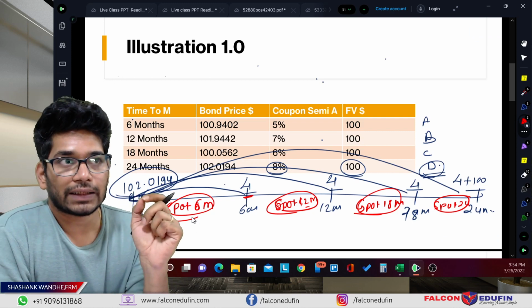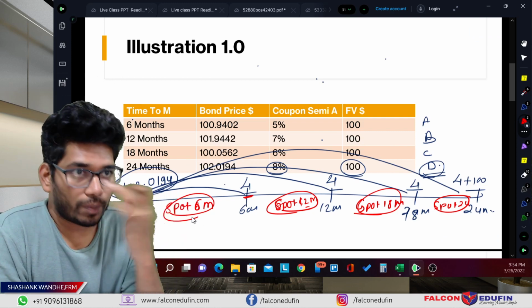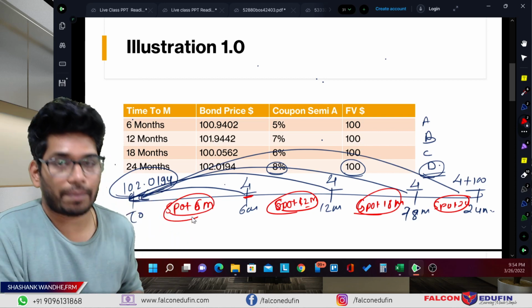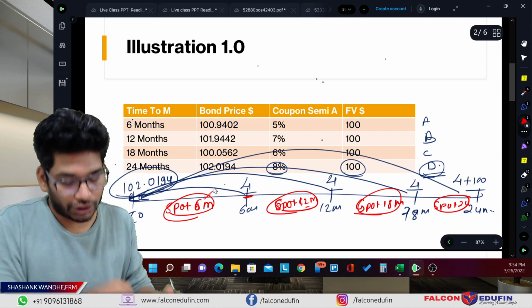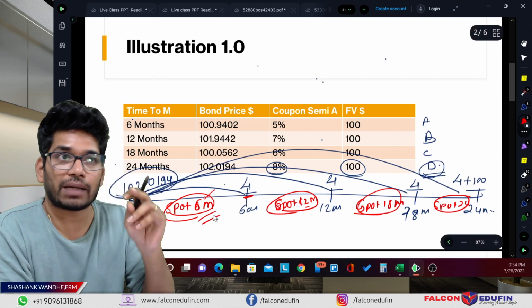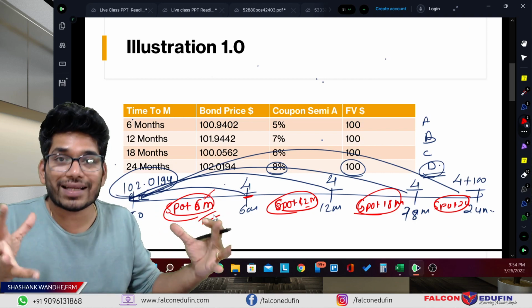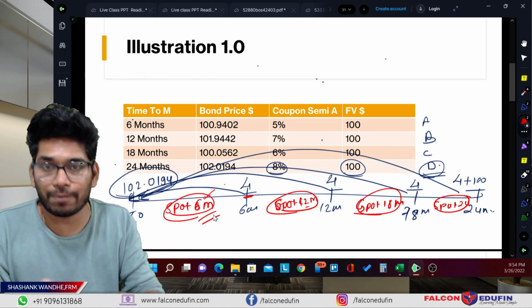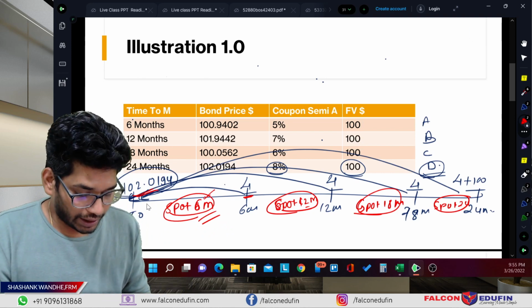Fine. Now, how does bootstrapping work? In bootstrapping, our goal is to find the spot rate applicable for 6 months, 12 months, 18 months, and 24 months, because this information is already absorbed in the price of the bond.